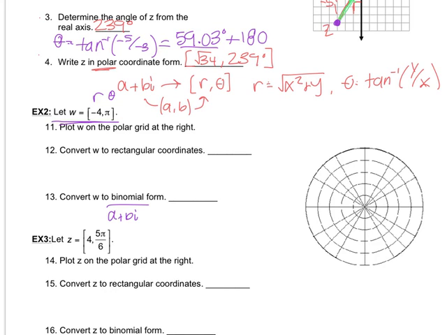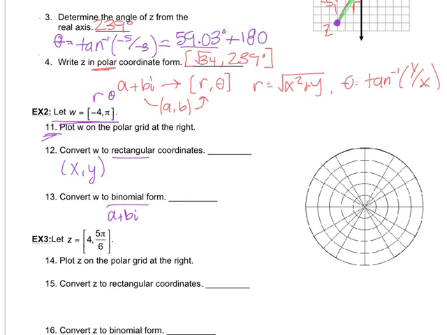To convert to binomial form, again, the in-between step is converting to rectangular coordinates, because if I know x and y, I can just rewrite that as a plus bi, x plus y times i. Obviously we should know by now how to take a polar coordinate and convert it into rectangular coordinates. This first one, I don't know why it says number 11, but it does. I should just say number 1.